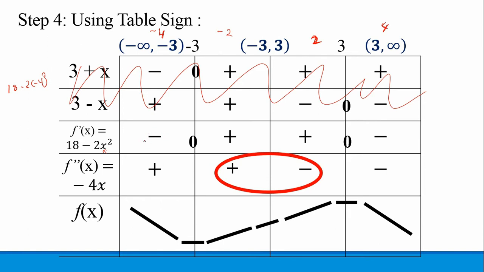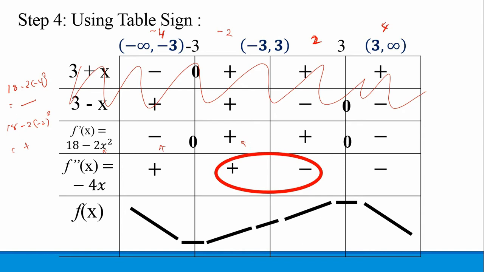I just want to know the sign, whether the value is negative or positive. When I substitute, it becomes negative. And of course, the second time, I substitute negative 2 into this one, 18 minus 2 times negative 2 to the power of 2, and I get a positive value, so it becomes positive.